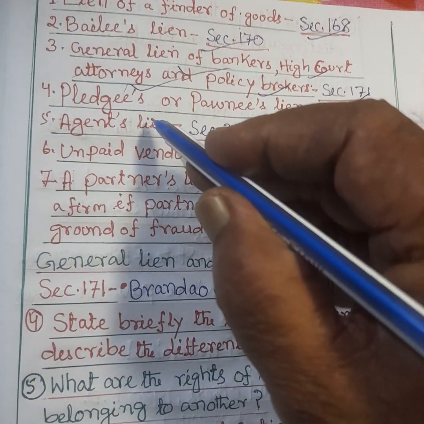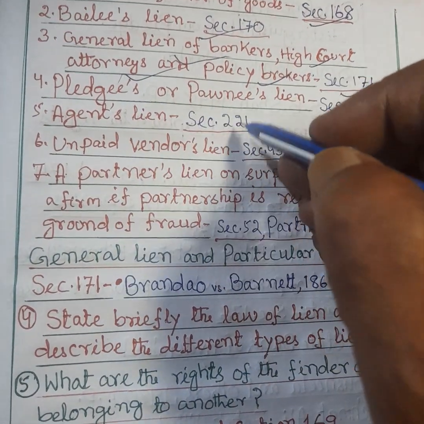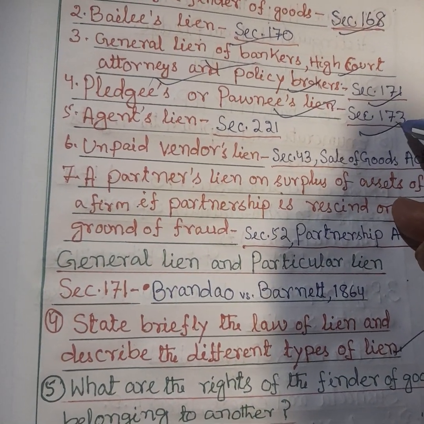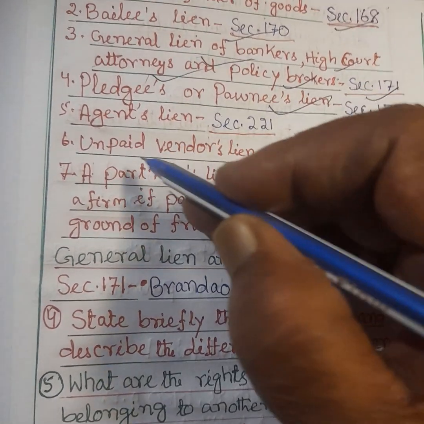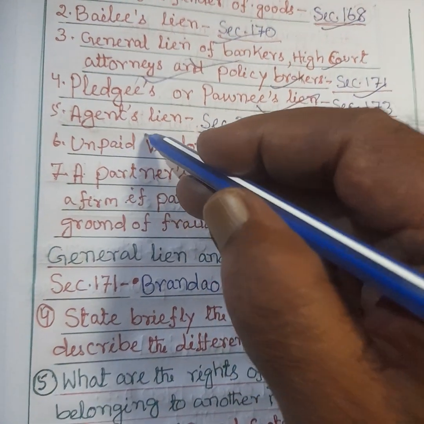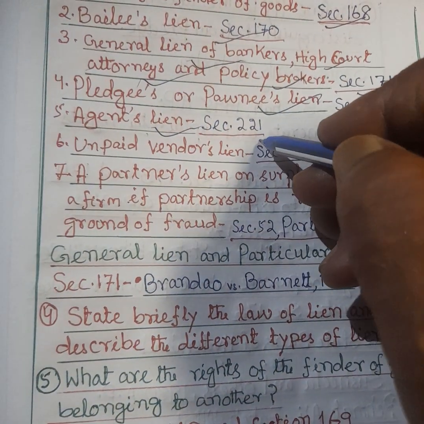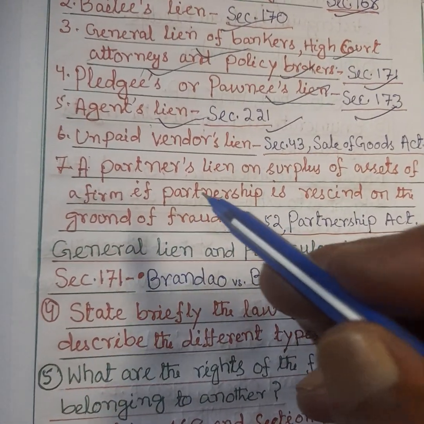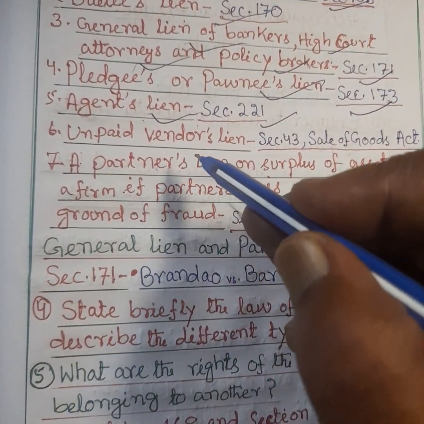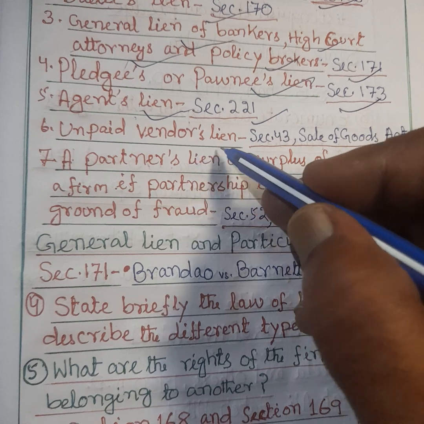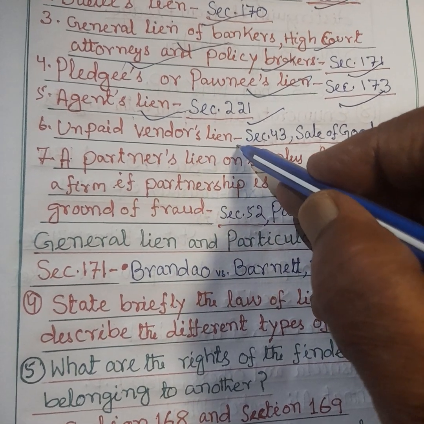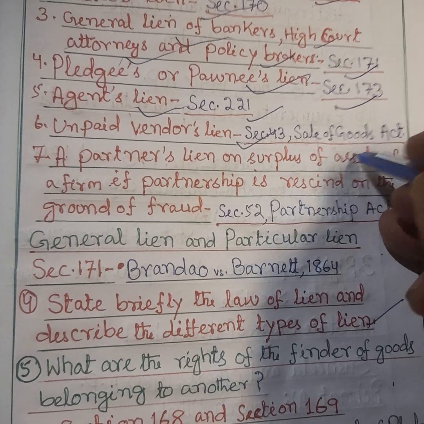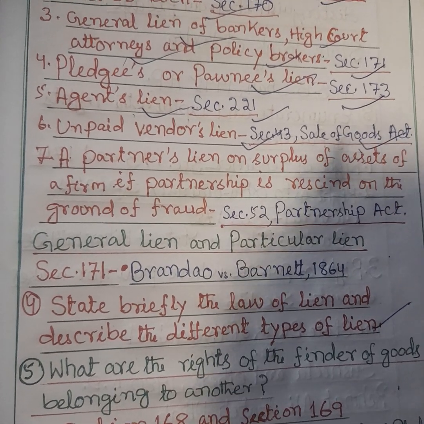Then the fourth one is the pledgee's or bailee's lien as provided under section 173. And the fifth one, the agent's lien as provided under section 221 of the Contract Act. Then the sixth one, the unpaid vendor's lien as provided under section 43 of the Sale of Goods Act 1930.